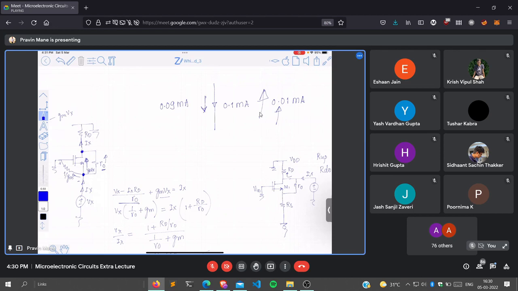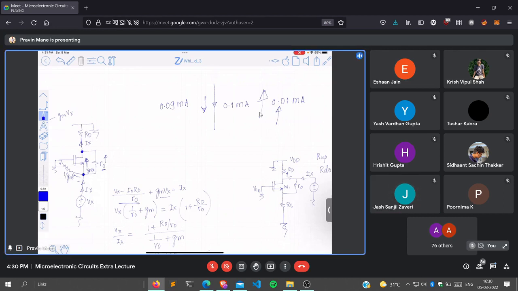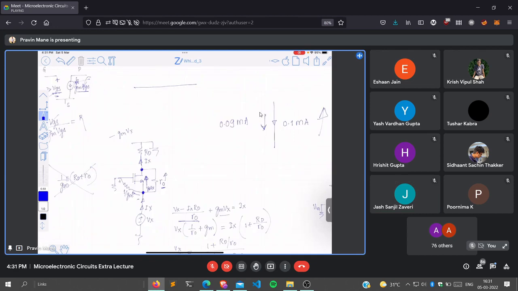Understood what I said? No, sir. Say this is a DC current of 0.1 milliampere. A new current of 0.01 milliampere adds to it because of some other source. What value is it going to become? 0.11 milliampere, right?